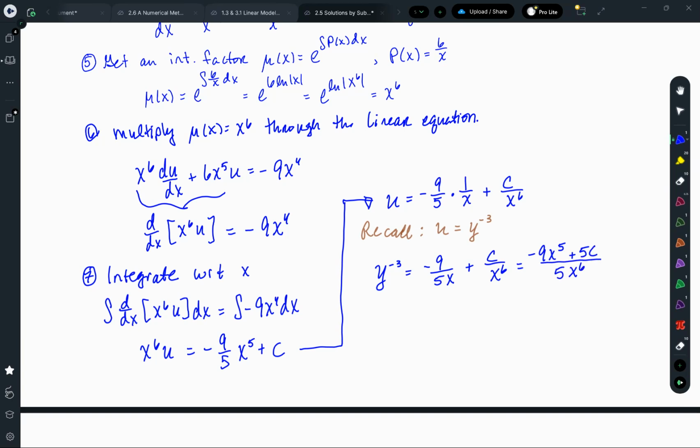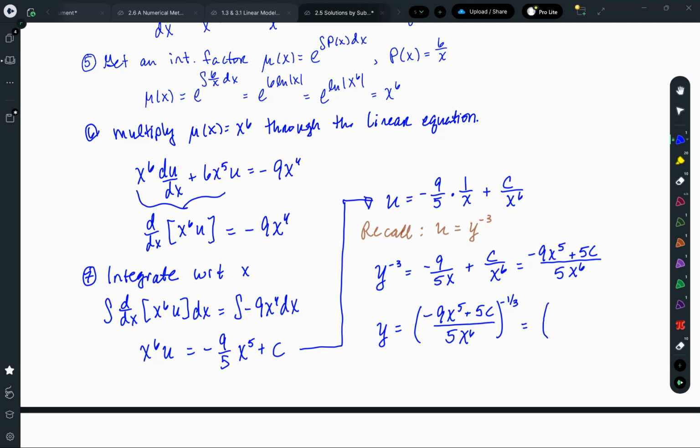Okay? So then if I want to solve for y, if I raise both sides to a negative 1/3 power, y would be equal to negative 9x to the 5th plus 5c over 5x to the 6th, raised to the negative 1/3 power. And that negative exponent can be made positive by flipping the fraction inside.